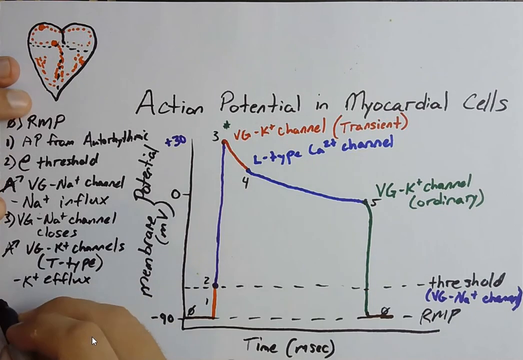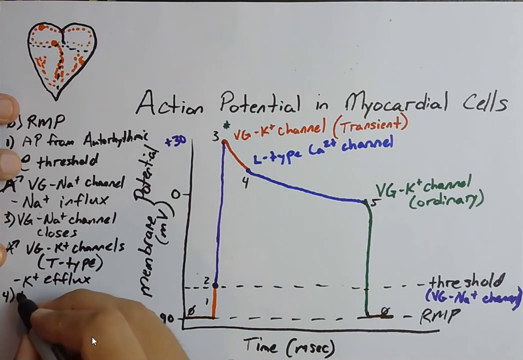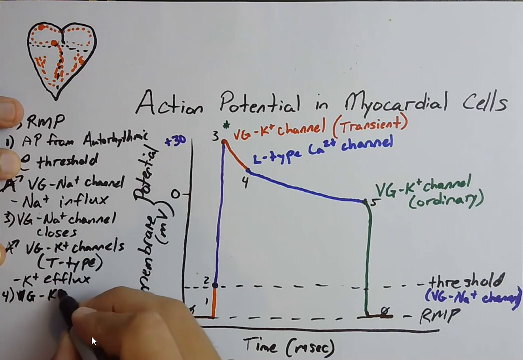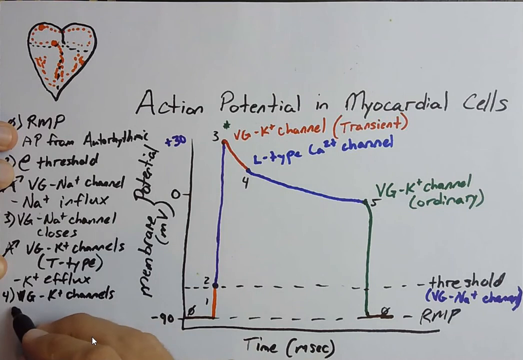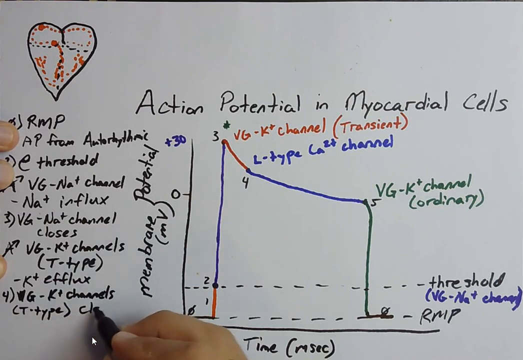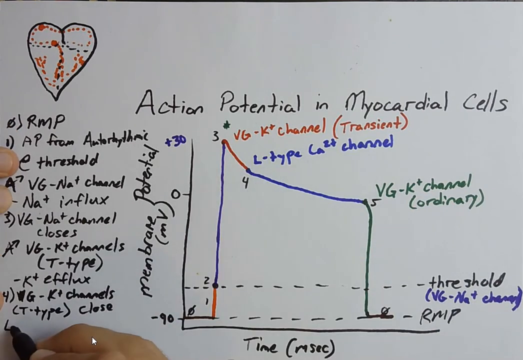What happens next at step 4? Don't forget, things have to close. So the voltage-gated potassium channels, the T-type, well, they're going to close. And what's going to open? The L-type.